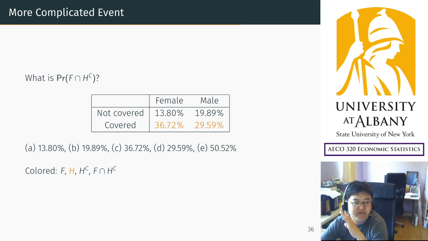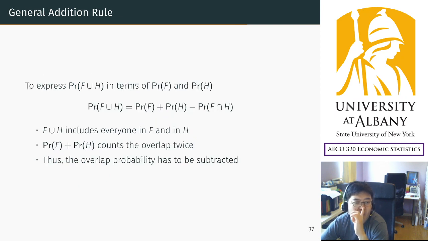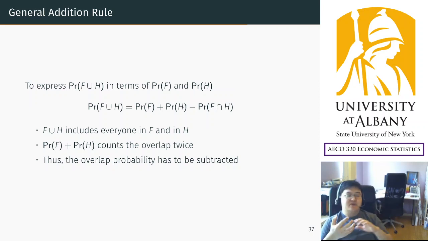Therefore, when you calculate the probability of the union, it equals the sum of the two basic probabilities minus the double-counted part. You have to offset the double-count overlap, so the last term is subtracted to cancel it out.